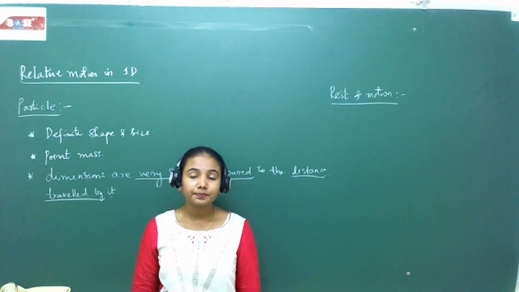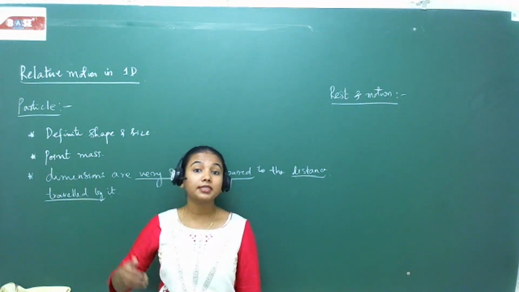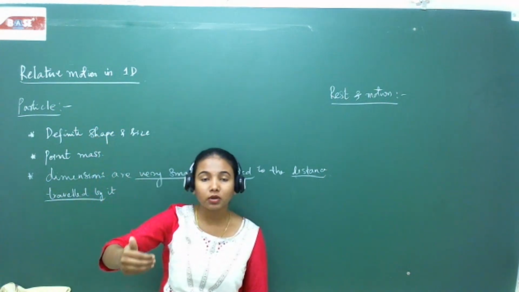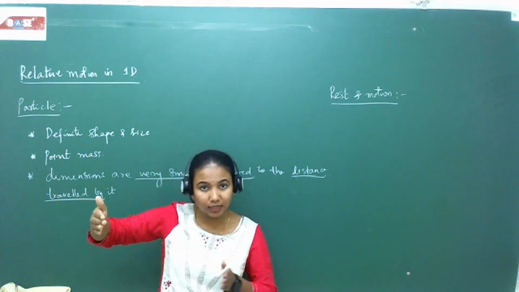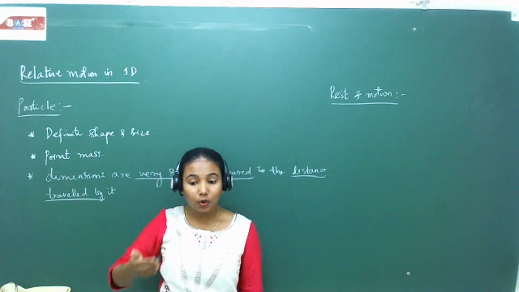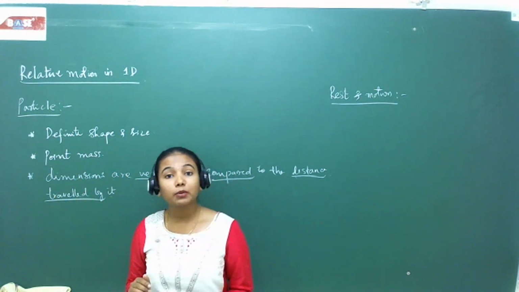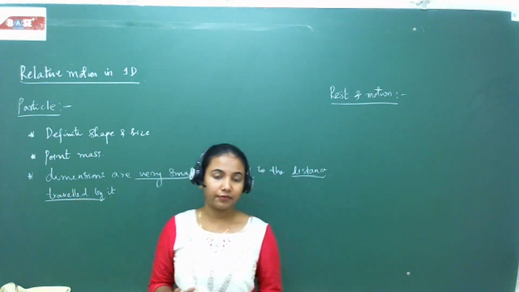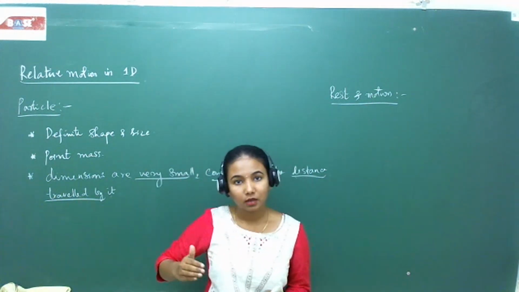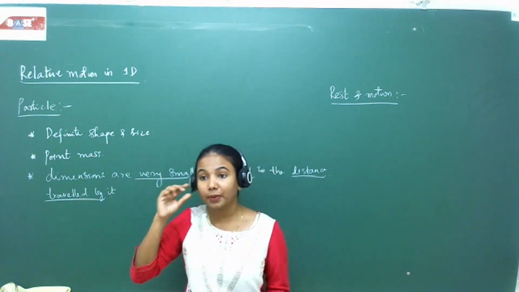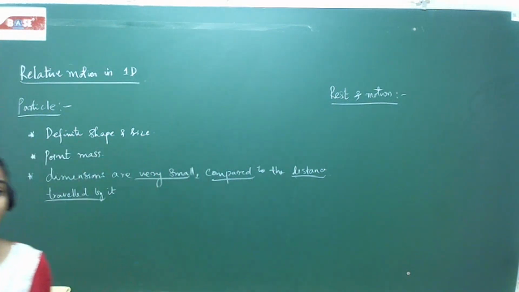But actually the book is in motion for a person looking from outside the earth, because the earth is rotating. So to define rest and motion, we should know the frame of reference, and with respect to which observer you say the object is at rest or in motion. This definition you have to remember.